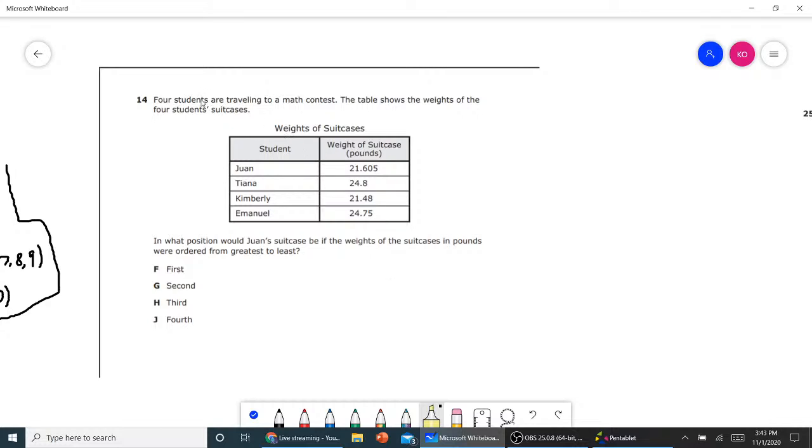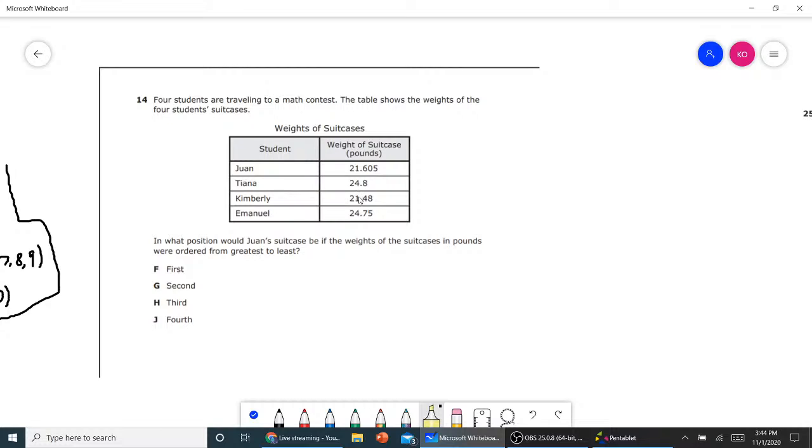4 students are traveling to a math contest. The table shows the weights of the 4 students' suitcases. So you have Juan with a suitcase that weighs 21.605 pounds. You have Tiana, whose suitcase weighs about 24.8 pounds.